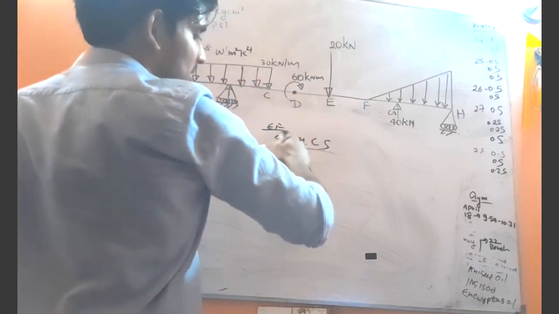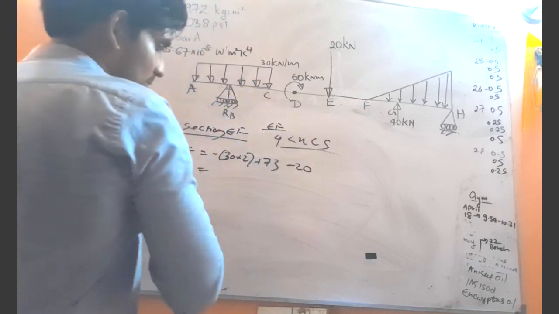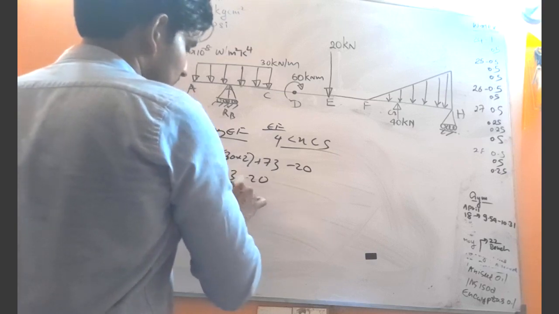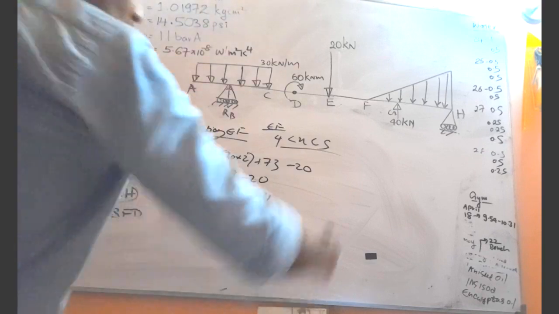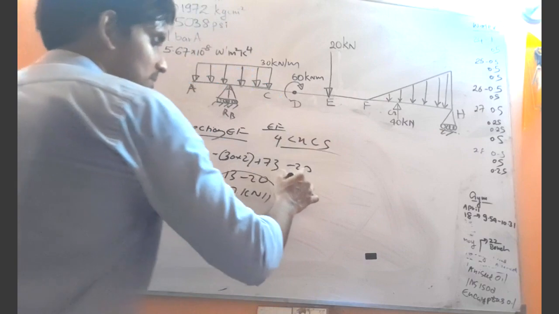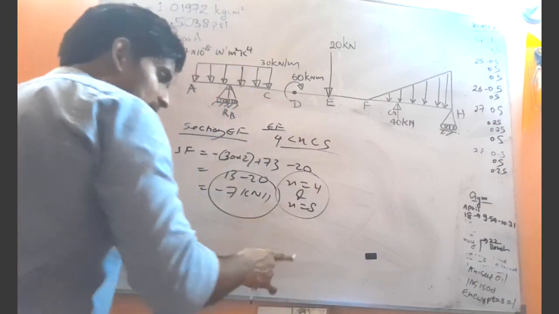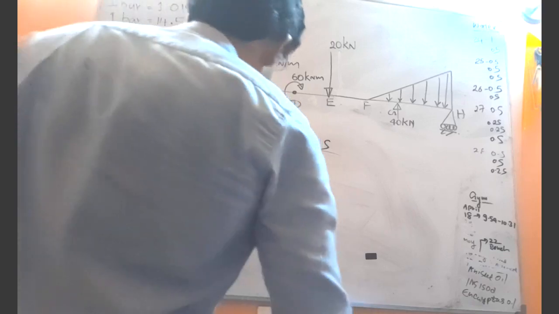So the shear force is 13 minus 20, minus 7 kilonewtons, throughout the section. Now this is not valid when x equals 4 or when x equals 5. That is the thing you have to keep in mind.